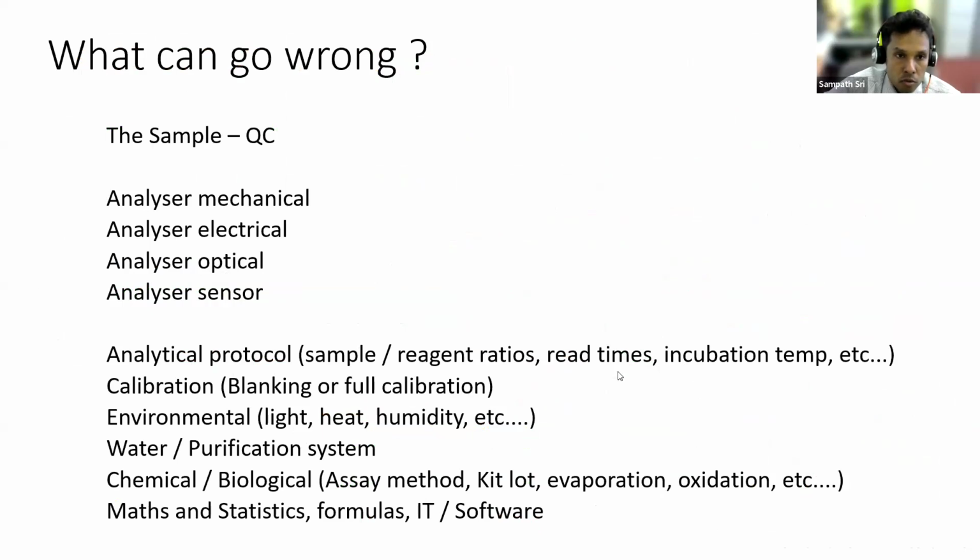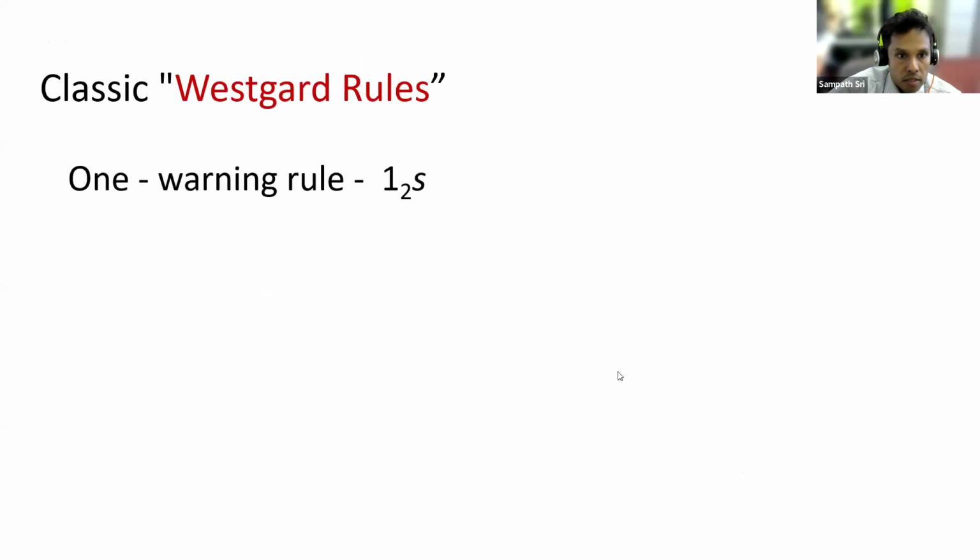So what can go wrong in our analysis? Anything can go wrong, even with our mechanical process or the analyzer electrical process or the opticals or sensors. Then again, our analytical protocol, calibration, environmental factors, water, chemicals. Even with the software, anything can go wrong, and it can generate an erroneous result. So there are 6 classic Westgard rules.